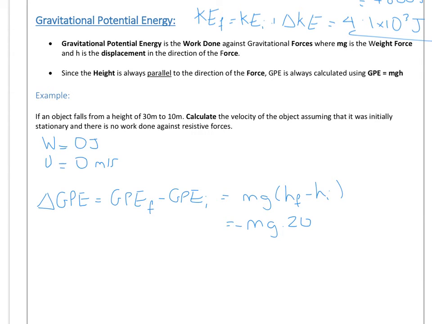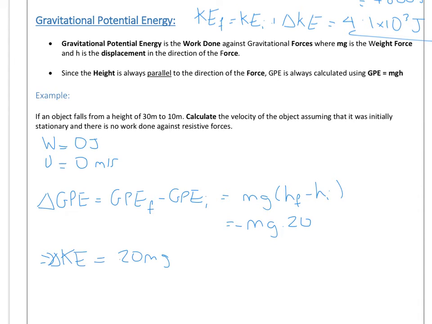And that's minus because it's 10 minus 30, so we get minus 20. Now, if we lose gravitational potential energy, that must be transferred to kinetic energy, so we must gain kinetic energy. The sign should be opposite, which means the change in kinetic energy would be the opposite sign. So it's 20 mg, not minus 20 mg.